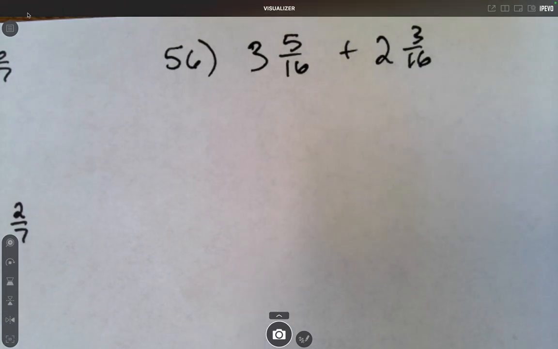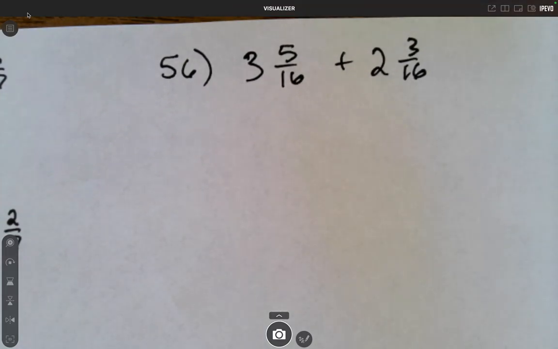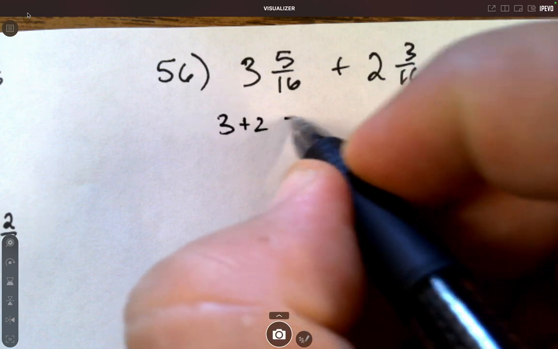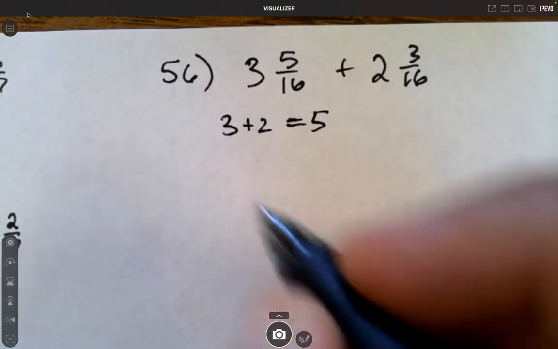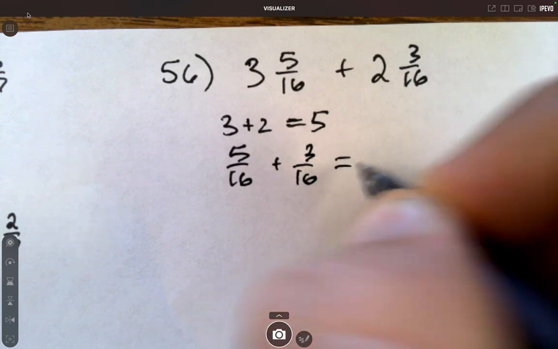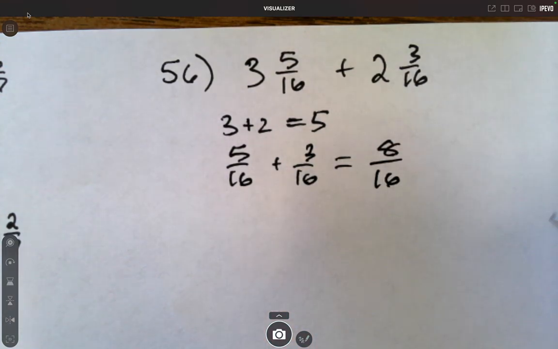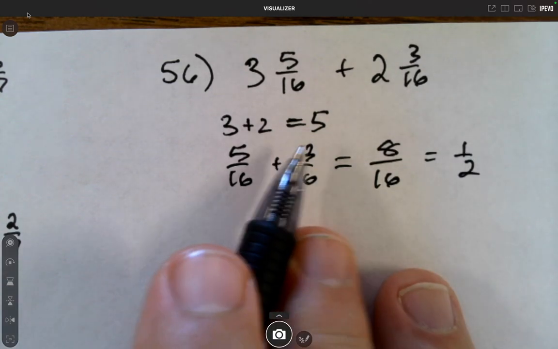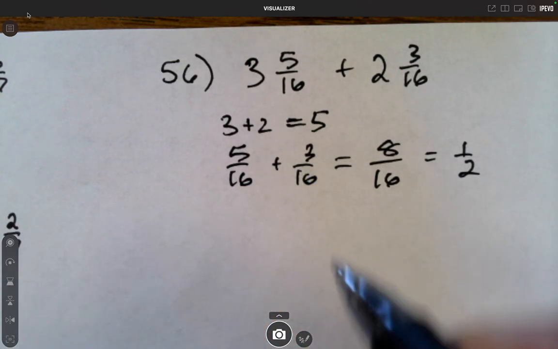What is the total distance she will walk? Since we want the total distance, we just add these together. We add the whole numbers: 3 plus 2 is 5. 5/16 plus 3/16 is 8/16, and that will reduce to 1/2. So the total she will walk is 5.5 miles.